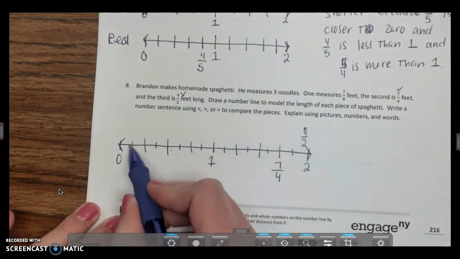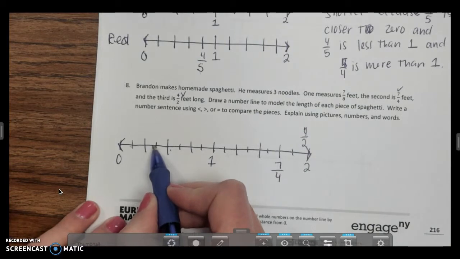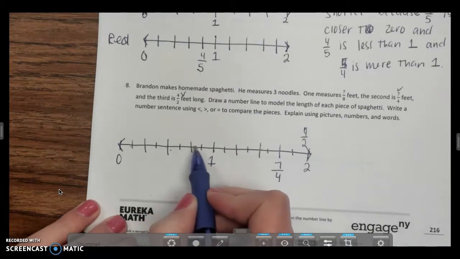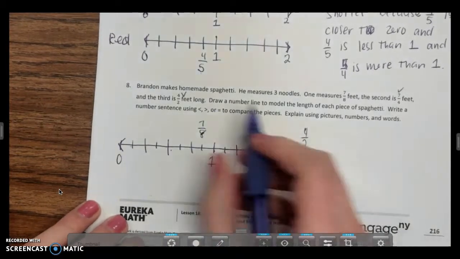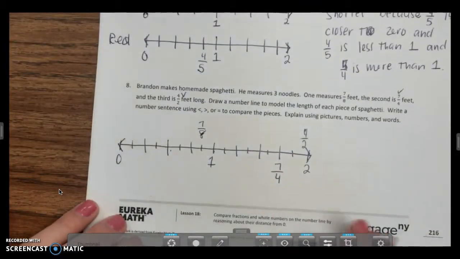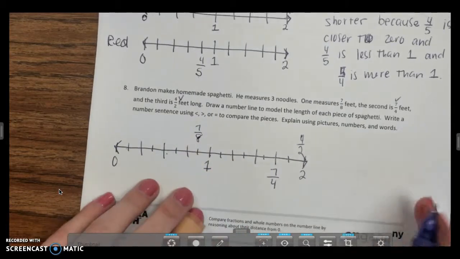Okay, so I have 1/8, 2/8, 3/8, 4/8, 5/8, 6/8, 7/8. Okay, so now I have all of my things plotted. Now I'm going to write a number sentence.